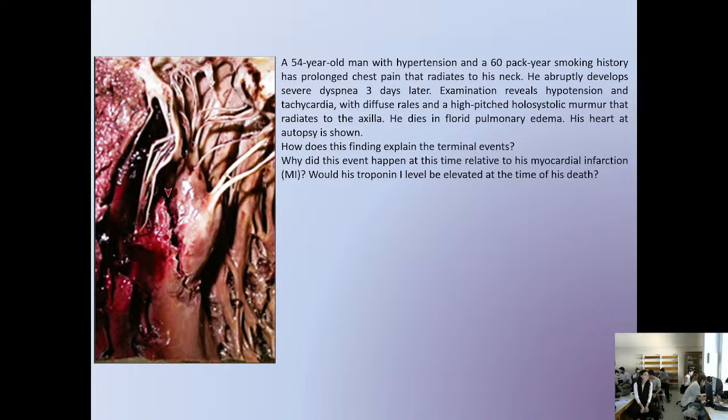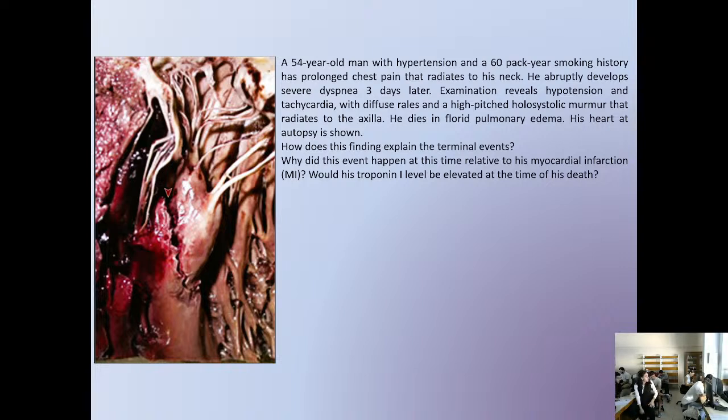It can send blood to the left ventricle, but a large amount of blood comes back. And where does it go? Pulmonary congestion, pulmonary circulation, and this is acute pulmonary edema due to rupture of the papillary muscle of the mitral valve.